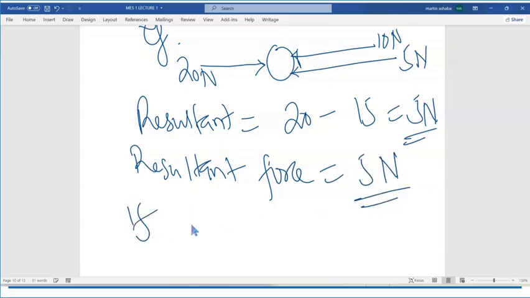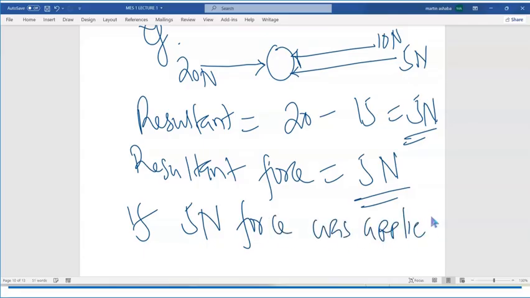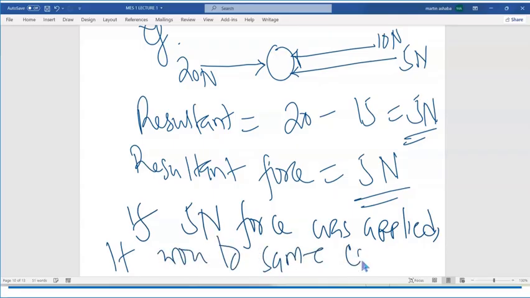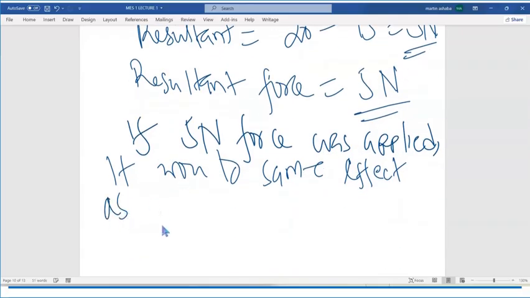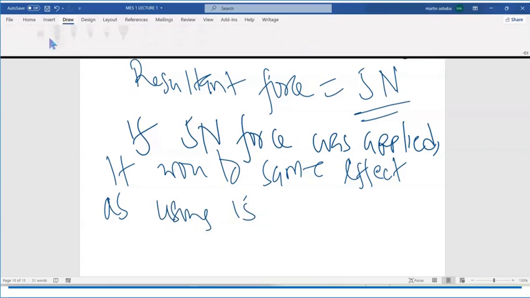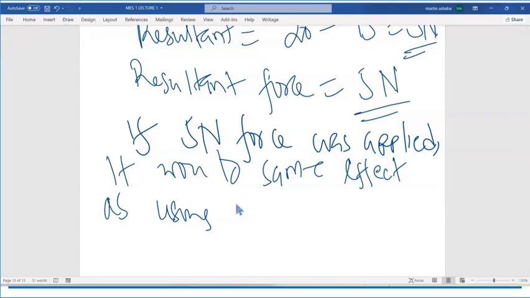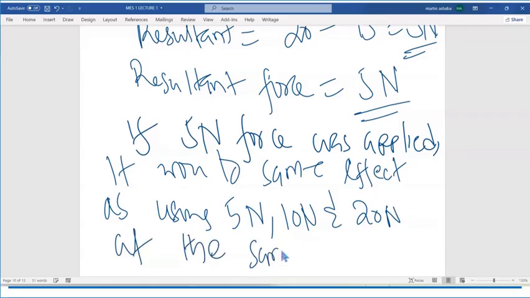Meaning, if a 5 newtons force was applied, it would have the same effect as using 5, 10, and 20 newtons at the same time as above.